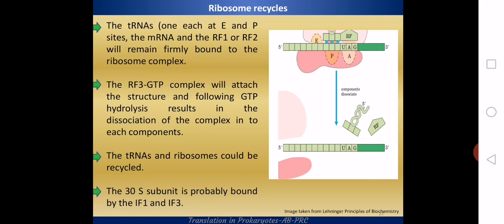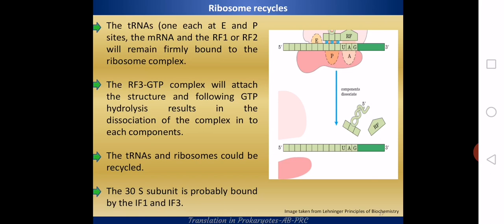That means RF3 will come along with GTP. And due to the GTP hydrolysis, there will be a conformational change in the entire complex, which causes dissociation of the entire complex into its corresponding components.